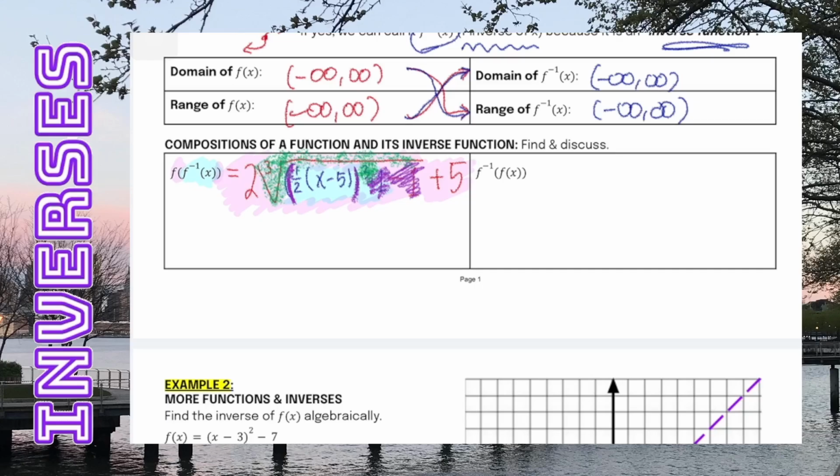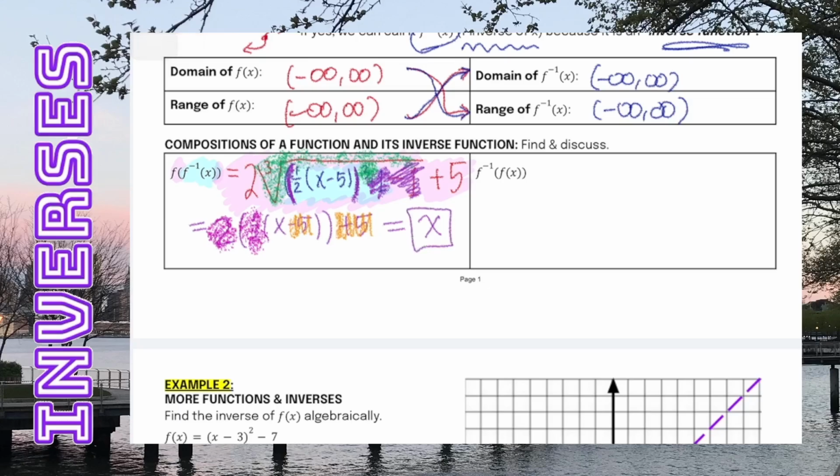So what do I have next? Well, let me clean this up a bit. I have 2 parenthesis 1/2 parenthesis x minus 5 close plus 5. Well, what else can I tackle right now? Well, the 2 and the 1/2. And then lastly, after that, I can deal with the minus 5 and the plus 5. And my final answer is x.